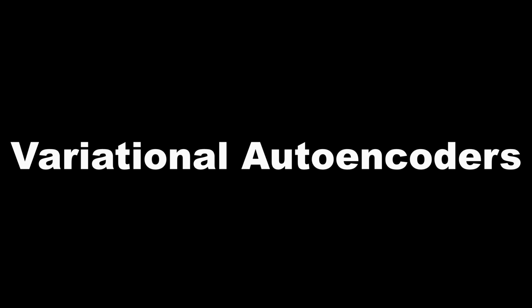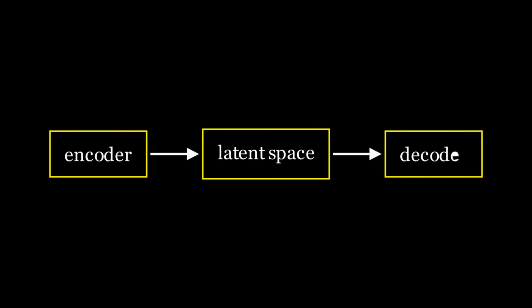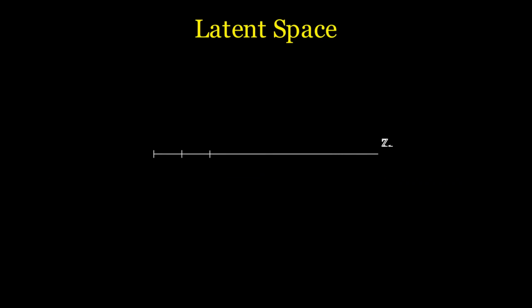So let's start with what number 1 is, which is variational autoencoders. In simple context, VAEs, also known as variational autoencoders, basically have 3 distinct parts: an encoder, a decoder, and something in between called a latent space. This latent space, you can think of as a probability distribution, more of a Gaussian or normal distribution.